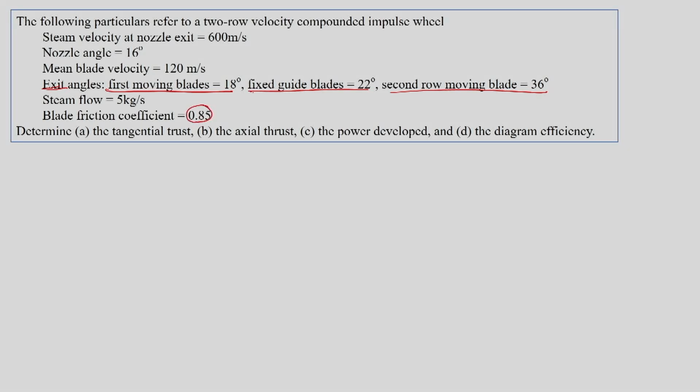Here we have to remember that we are working with two stage velocity compounded, so the fixed blades are acting as nozzle, so this 0.85 should also act for the fixed blades. What is happening in case of moving blades?